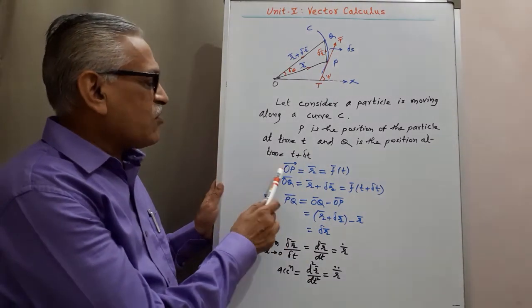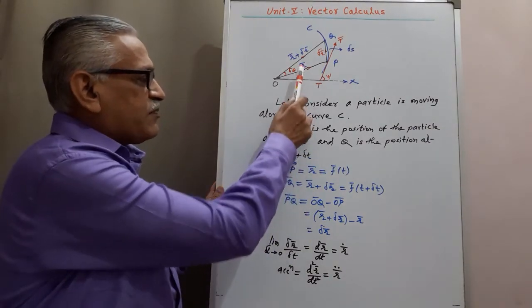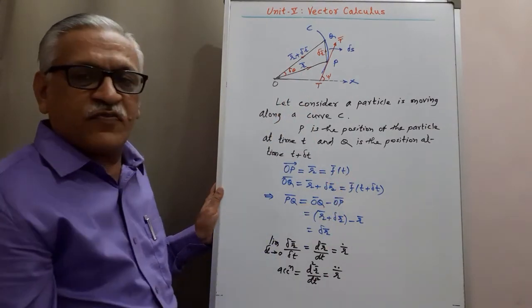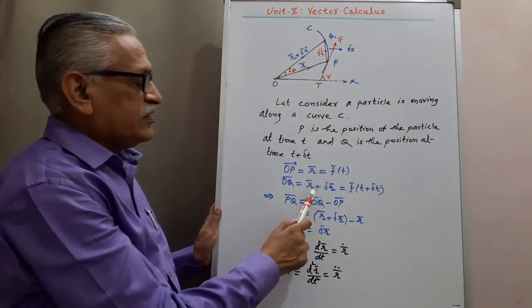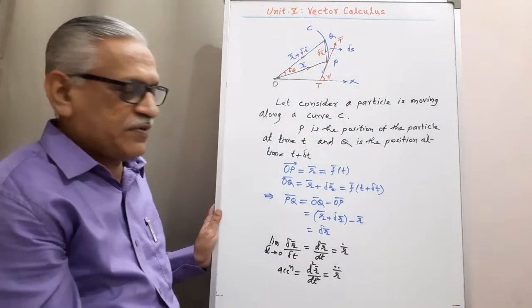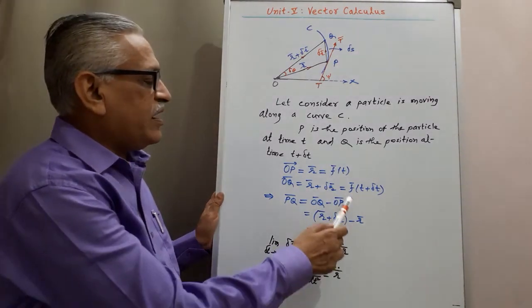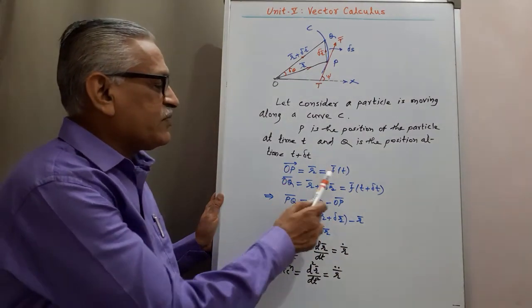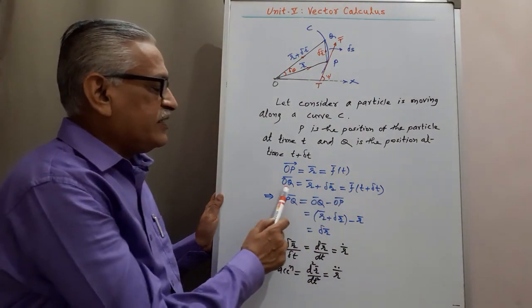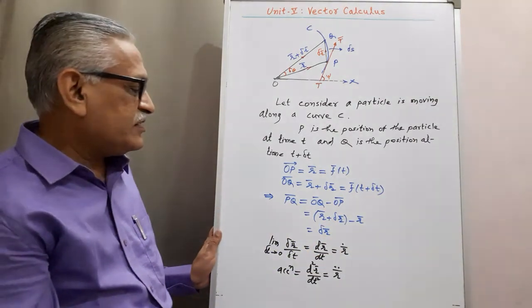Therefore, from the figure we have vector OP equal to vector R bar, R bar of t. Vector OQ is nothing but vector R bar plus vector delta R bar, and it is R bar of t plus delta t, the position of that particle at time t plus delta t.